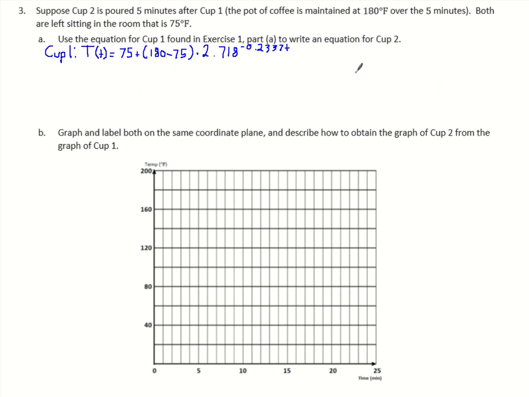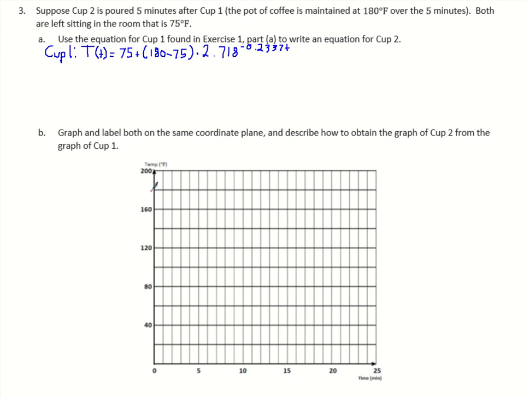Cup 2 is poured 5 minutes after cup 1. How do we show off that 5 minutes have passed? Well, basically, what we need is that cup 2 over here is going to be at 180 at 5 minutes as opposed to at 0 minutes.